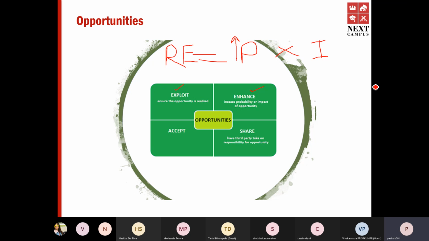People would hear that there would be an extra tax on imported vehicles, things like that, right? So what they would do is stock them up front. So when the tax goes up, they can sell the cars at a higher price. So they do things to increase the impact, right? So that's enhancing.